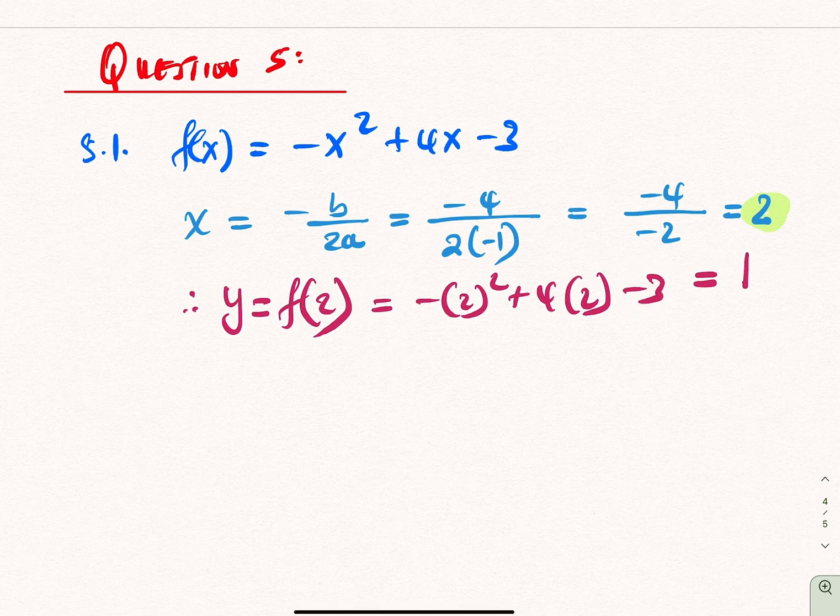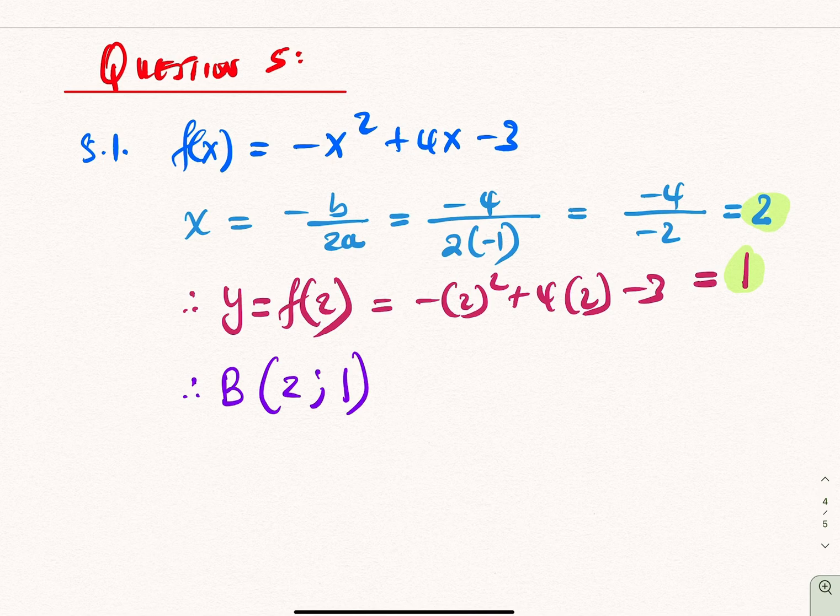So it means that the coordinates of B are x is 2 and the y value we just found to be 1. That is really easy, and I want you guys to pay attention.